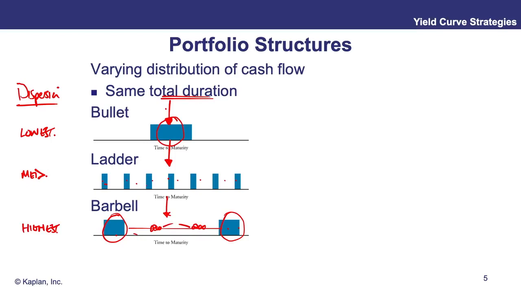So when we think about the important points about these different portfolios, remember that convexity and dispersion, if you've got the same duration and same returns, are directly related, and convexity will be driven by dispersion if you've got the same duration and the same overall return in your portfolio.